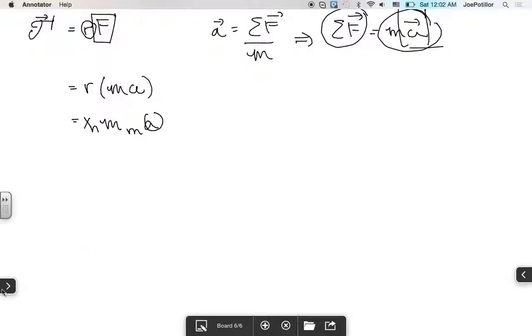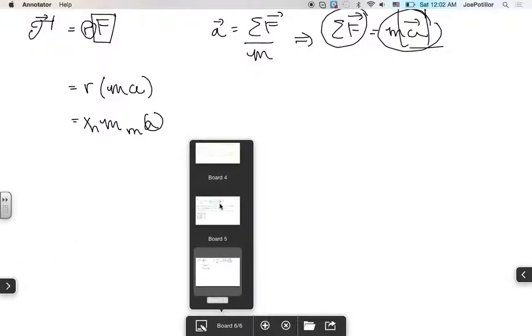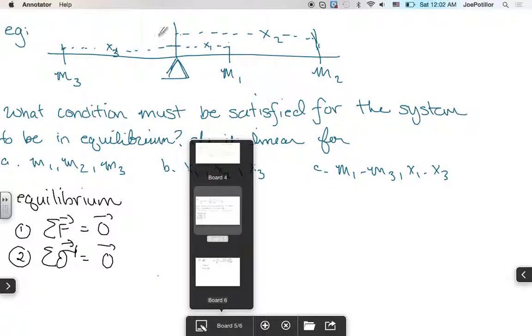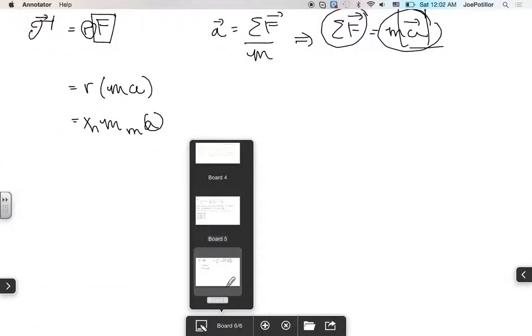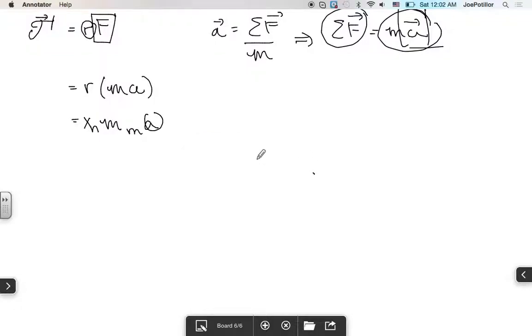Back to our fancy board. So this times this, plus this times that, plus this times that, all has to equal 0. Watch how this works. Don't worry about this a piece, but it's going to end up going away shortly. I rewrote this radius as this, and I wrote m as this. So now I know the sum of all these must equal 0.